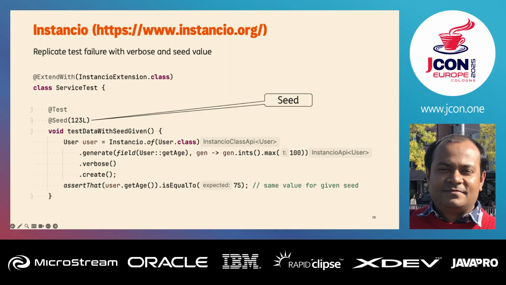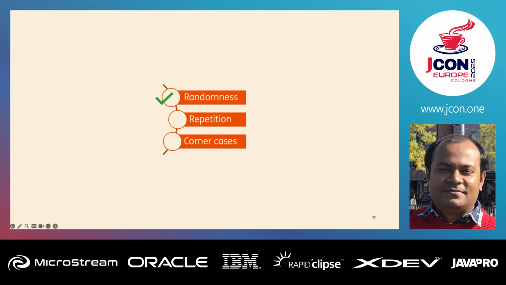And when it fails, it tells you in the log for which seed it failed. Then you stop the world of randomness. You reproduce the error with a particular seed, with the seed annotation. And then you get to see what the issue is. So it's possible. Now, let's move on.